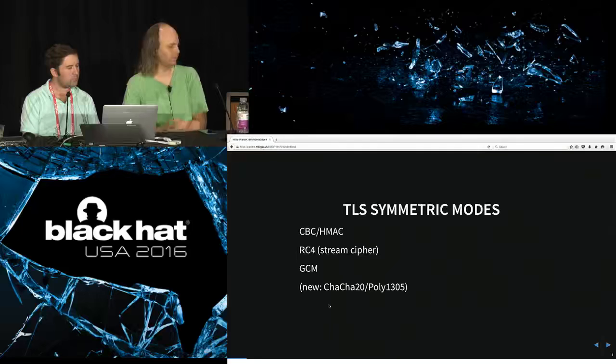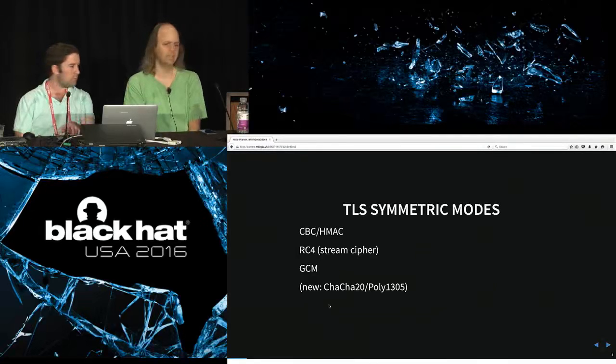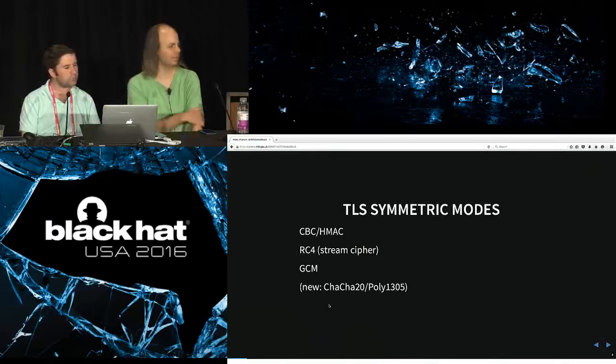There were historically three ways to do this symmetric encryption: CBC mode in combination with HMAC, RC4, and GCM. And there's a new one, ChaCha20 and Poly1305, but this has only been standardized a couple of weeks ago, so that's not widely available yet.